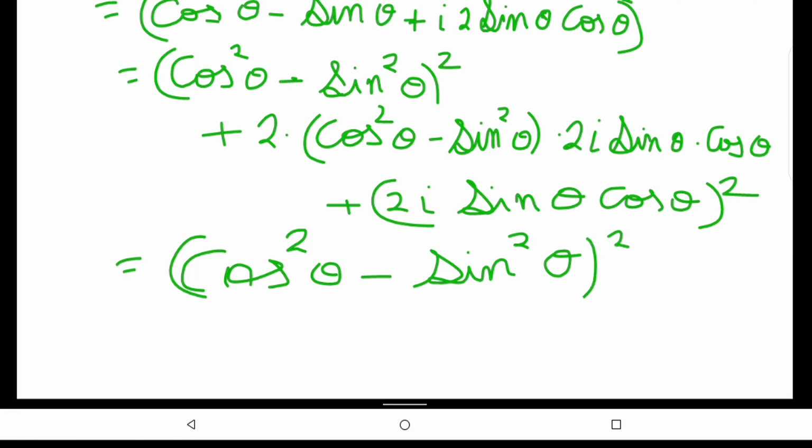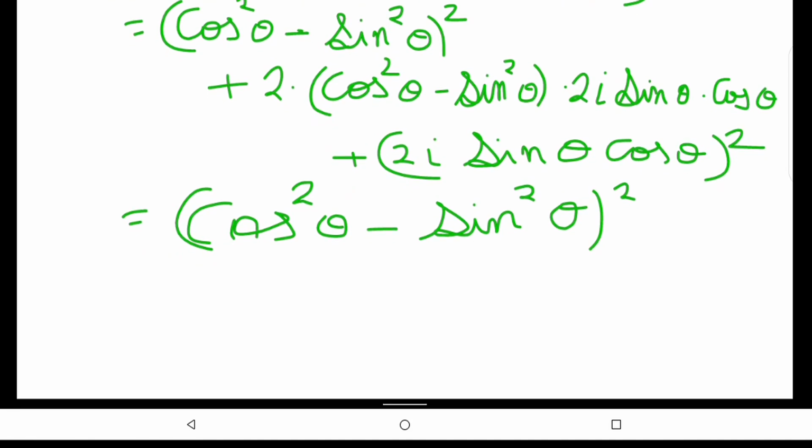Let's simplify it. Here i square equals minus 1, so let's write that minus 1. And 2 square is 4, so we have minus 4. i square is minus 1. Sin theta whole square is sin square theta. Cos theta whole square is cos square theta.